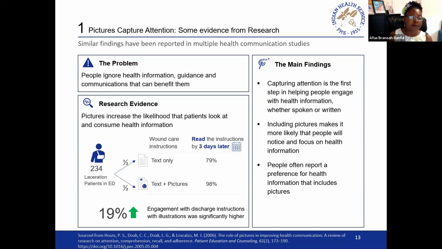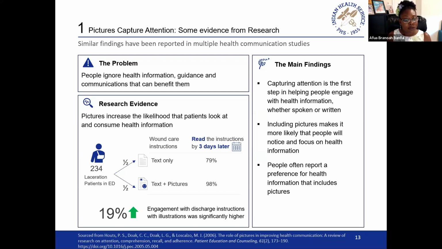It may seem counterintuitive when you are providing information that you know will be helpful, and the person also, if they would only consume it, would find it helpful. But you need to get their attention first. Now, this is where the research evidence is very encouraging about pictures.